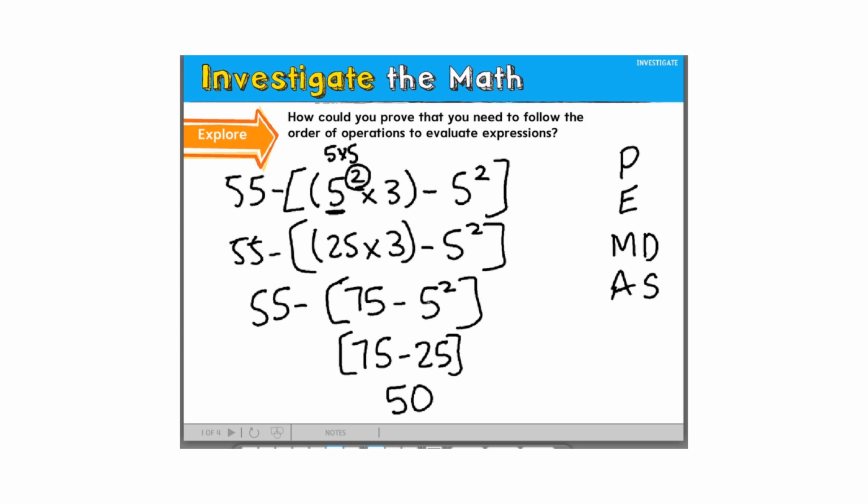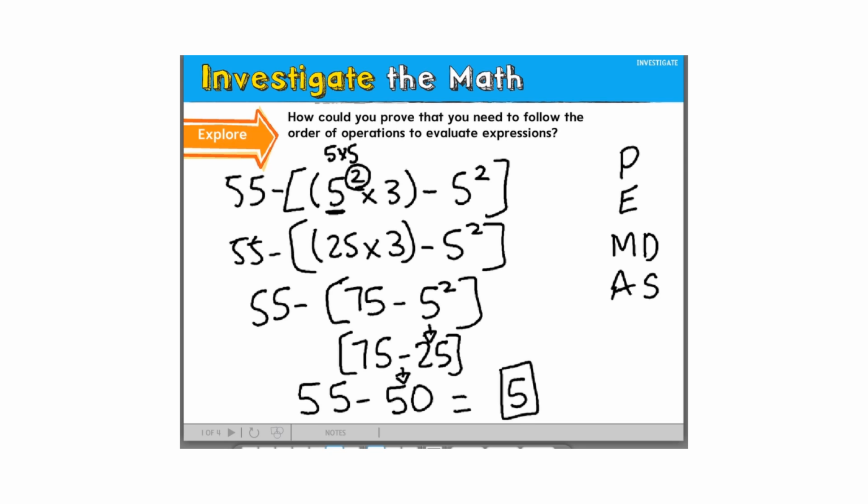All I did was pull this down to this. Then I solved this to this. And now I need to subtract 55 minus 50, which is 5. So all of that just came down to equal 5. So here's where I started. 5 to the second power times 3, and that was the parentheses. So that really equaled 25 times 3, which equaled 75.